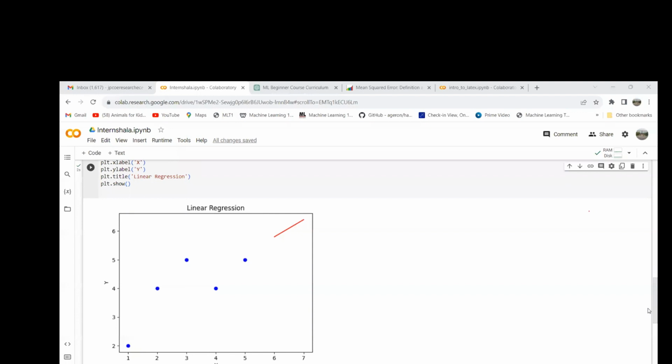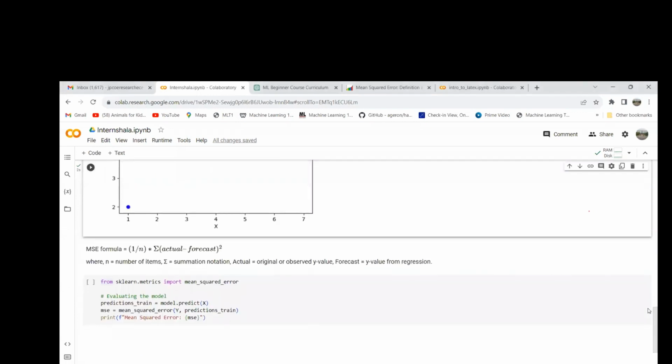So for which we'll run a program by bringing the model predict and using the y, which is the forecast from the prediction. So when we run the program, which is based on this particular formula, which is taking different values of the actual coordinates and what will be the forecast.